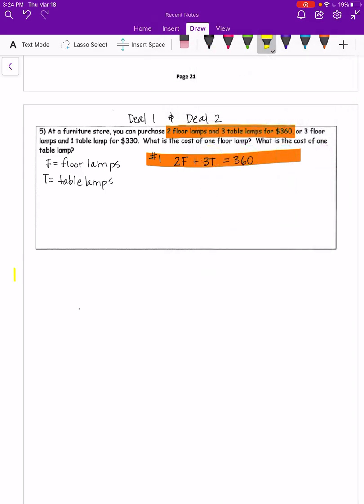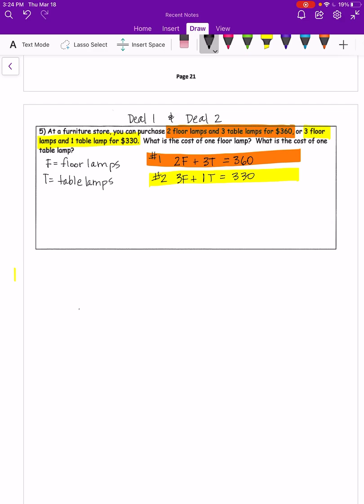Or deal 2, let me pick up another color. Let's put it in yellow. The other deal is 3 floor lamps and 1 table lamp for $330. So deal number 2, we'll put right here. So number 2 deal is 3 floor lamps, so 3F, plus 1 table lamp, which is T, equals $330. So again, nothing cancels.